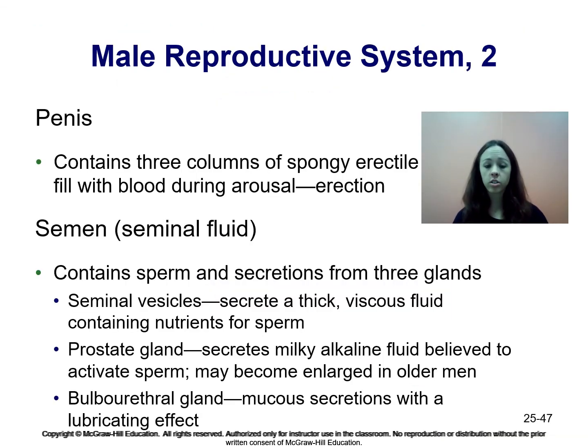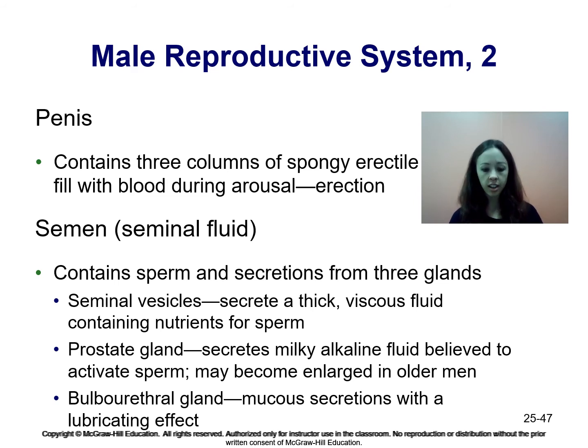The penis contains 3 columns of the spongy erectile tissue that will fill with blood during arousal, causing the penis to become erect. The semen that flows through the penis contains the sperm from the testes and secretions from 3 different glands. The seminal vesicles secrete a thick viscous fluid which will provide nutrients for the sperm.